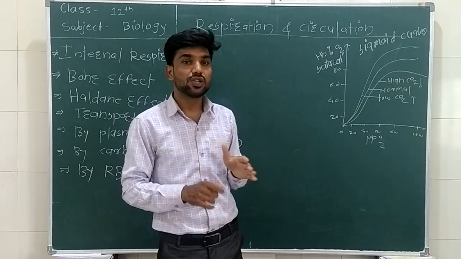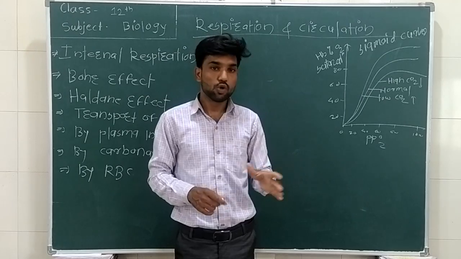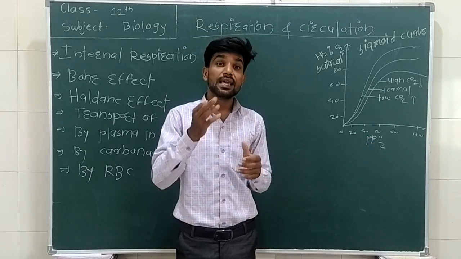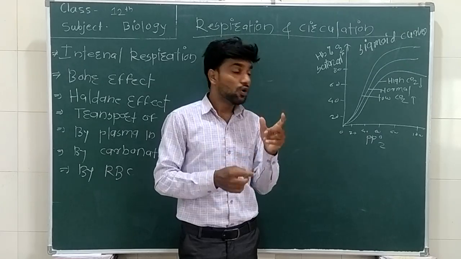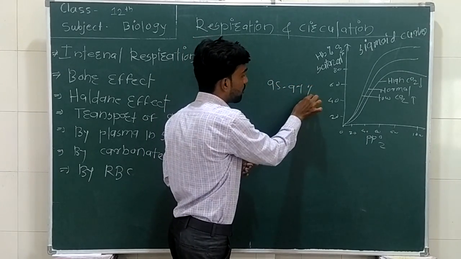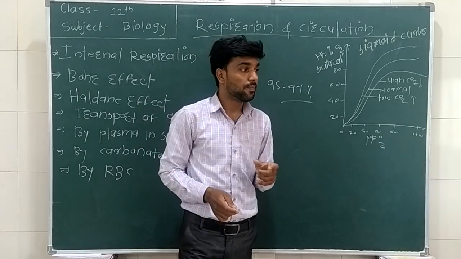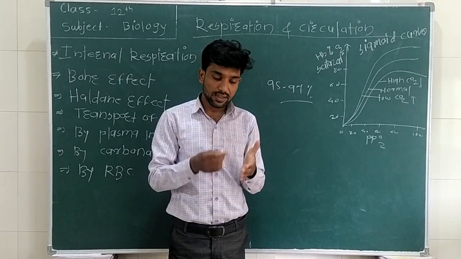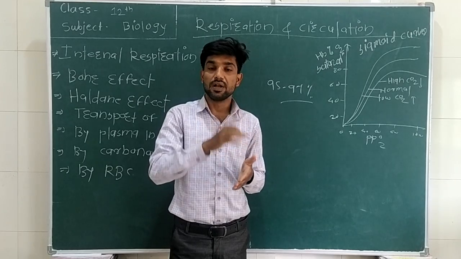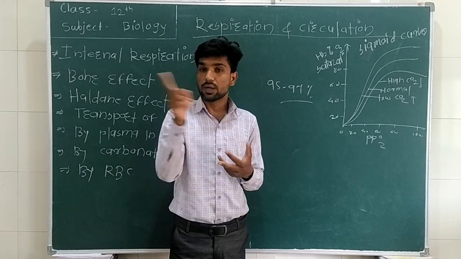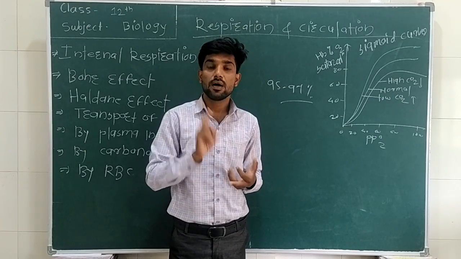So 100% saturation is not possible because 3% is in your plasma. Of the remaining 97%, only 95 to 97% shows high saturation, because it occurs in your alveoli. When the blood goes from the lungs to the tissue, the saturation is low because the tissue supplies oxygen to all parts of the body.